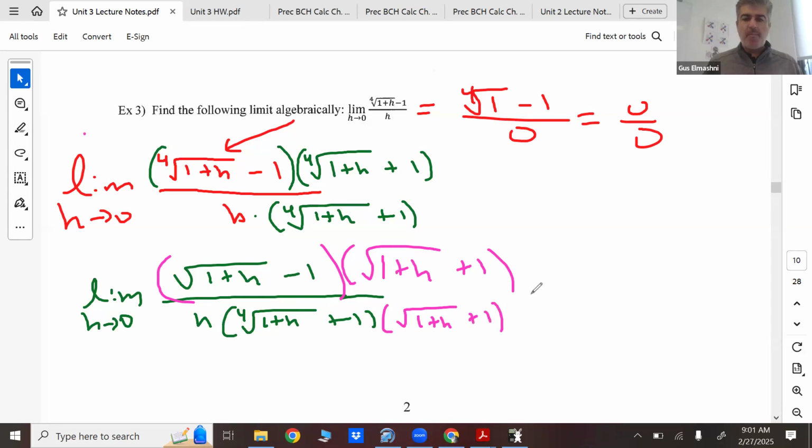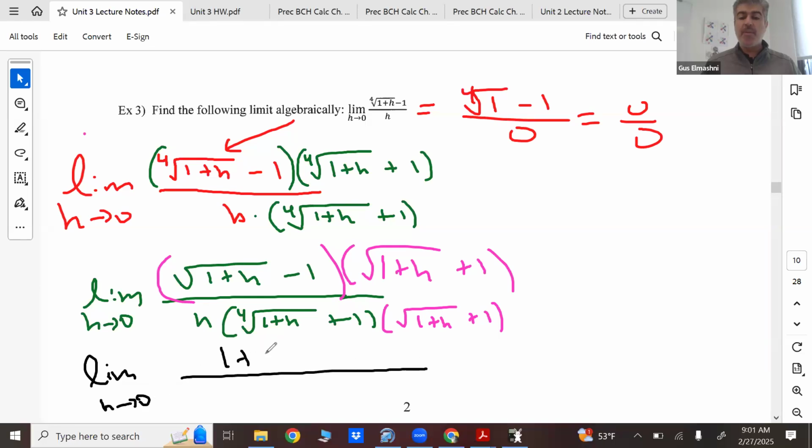And if I work that out, I have to do it for both the square root of 1 plus h and the 4th root. Well, how would you do that? You could be right. I don't know, maybe I'm just doing this in a more labor-intensive way.